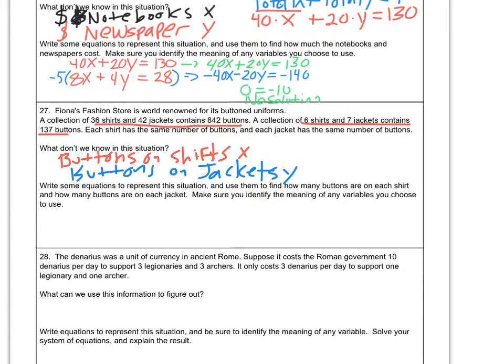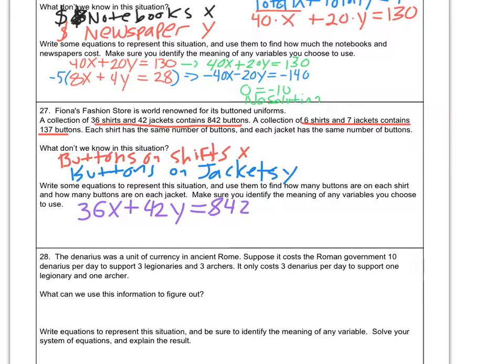Okay, so looking at what we got here. So if we're looking at maybe shirt times the number of buttons plus jackets times the number of buttons is equal to the total buttons. I know I didn't write that one down, but I think we might be okay if I just jump straight to this. So 36, we said that shirts was X, and 42, we said that jackets was Y, is equal to 842.